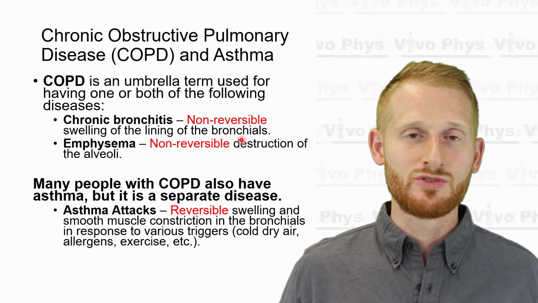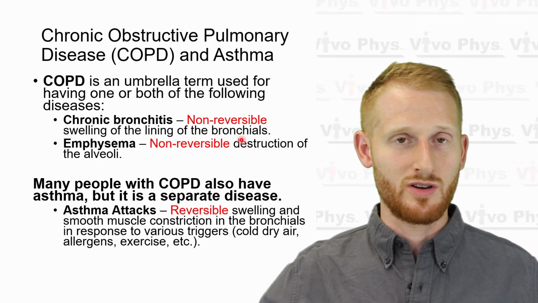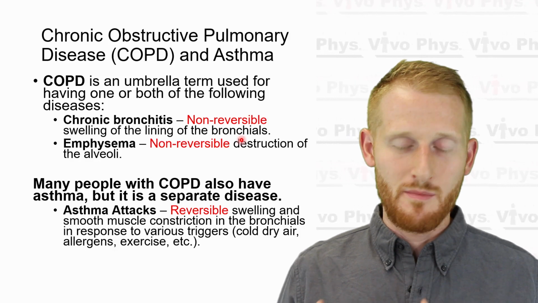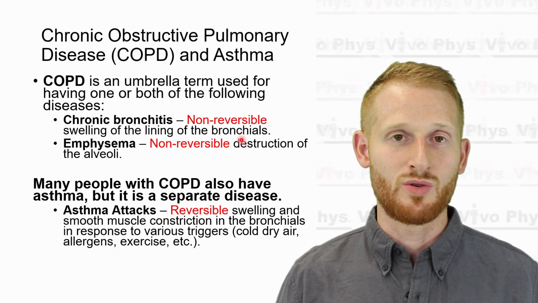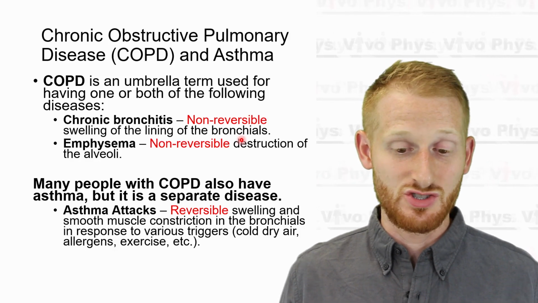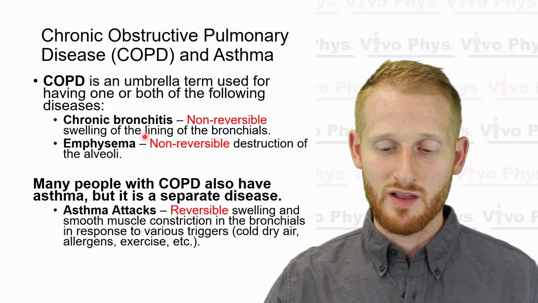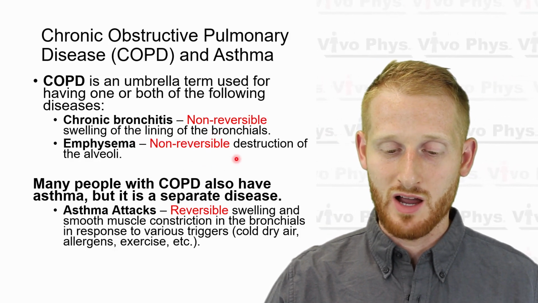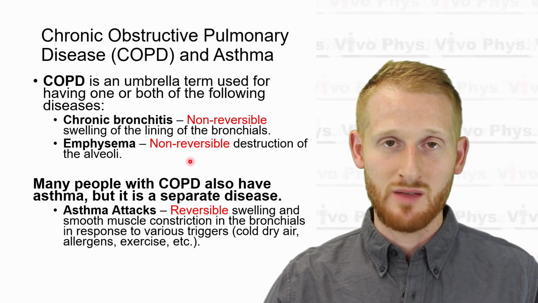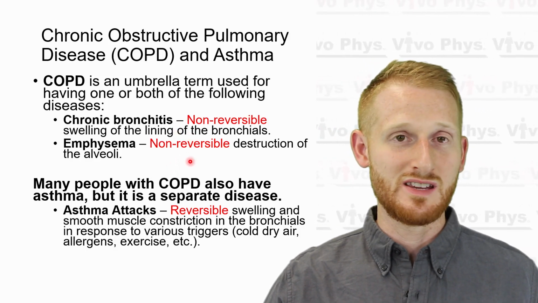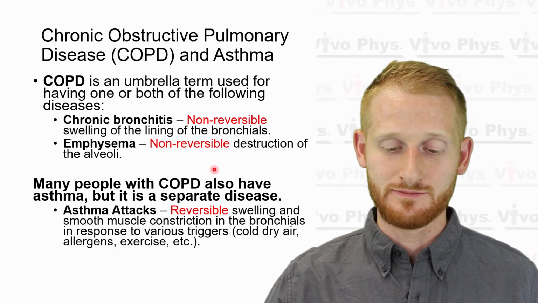You might be able to improve their ability to exercise by improving other parts of their physiology, by exercising, by giving medications, by doing whatever it is that they're doing to improve their situation, but they're not going to get rid of the swelling of the lining of the bronchioles, and you're not going to rebuild the alveoli. Once those things are damaged, they're damaged for life. So COPD is a really bad condition. Again, a non-reversible condition here.